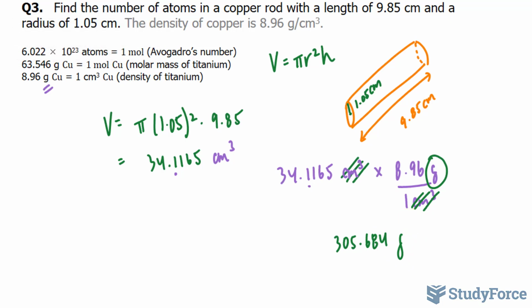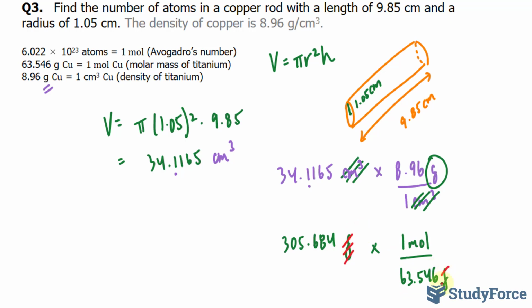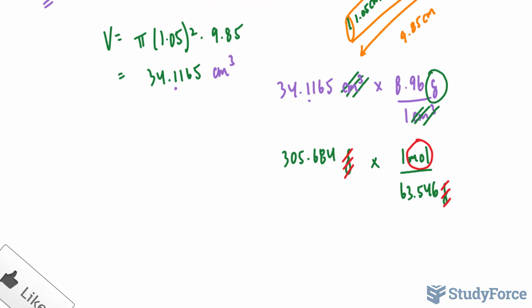Now that I found the mass, I can take this number and multiply it by this relationship. Here's how. So I have my number written down. I'll multiply it by 1 mole per every 63.546 grams. The grams will cancel out, leaving me with the number of moles once again. I'm going to do that calculation.